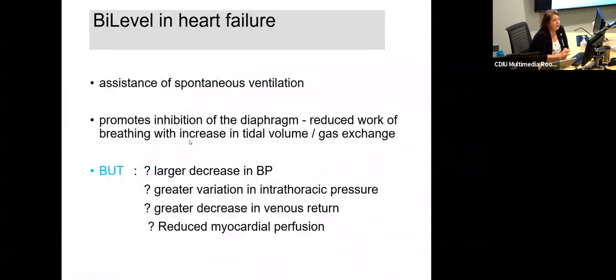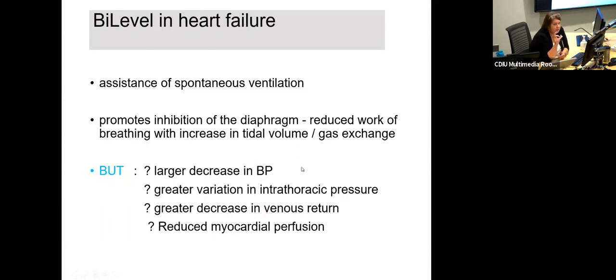It promotes the inhibition of the diaphragm because you're helping to do the work for the patient, which in turn will reduce some of the work of breathing. Anytime you reduce some of the work of breathing, it means that your cardiac system doesn't have to work as hard.